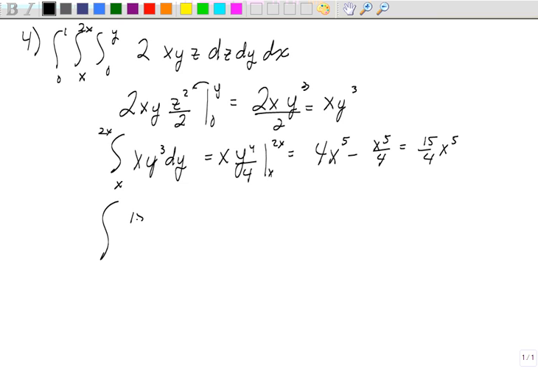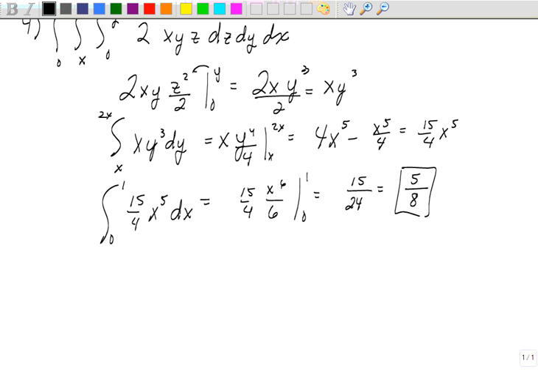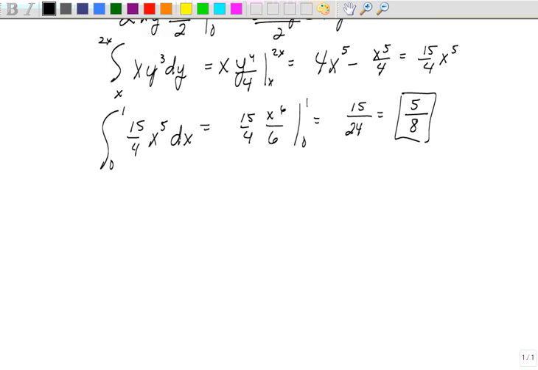Then we integrate that, and then reduce it. Again, that does not represent volume because it's in 4 dimensions.